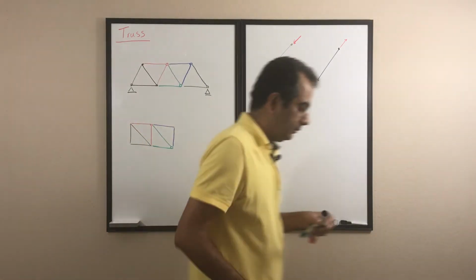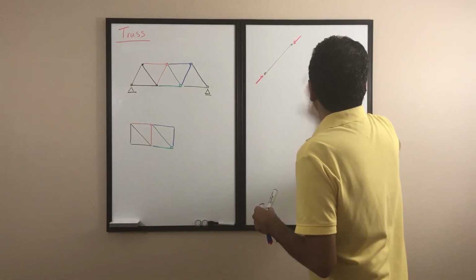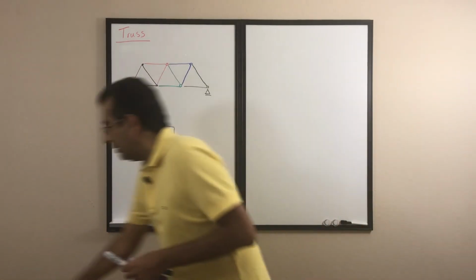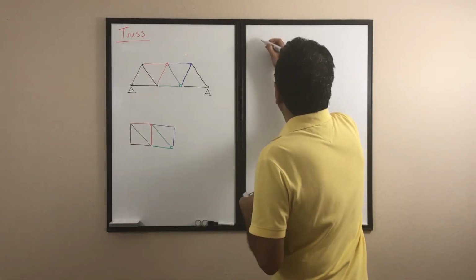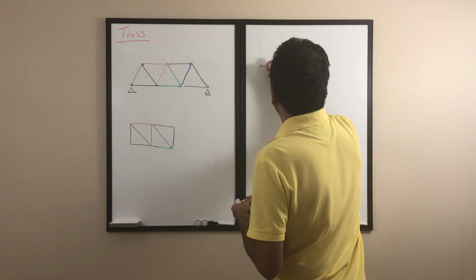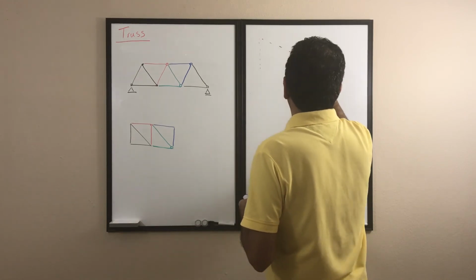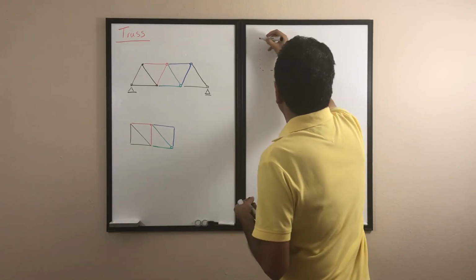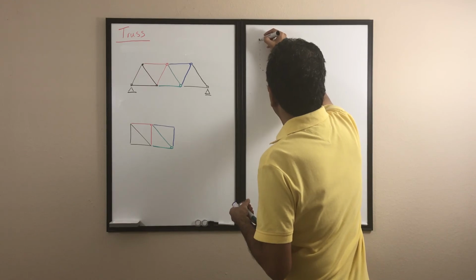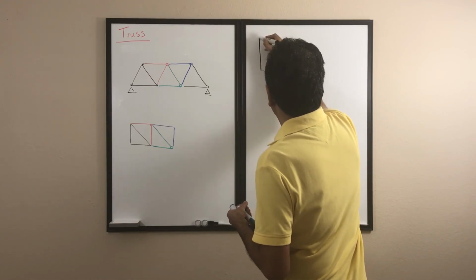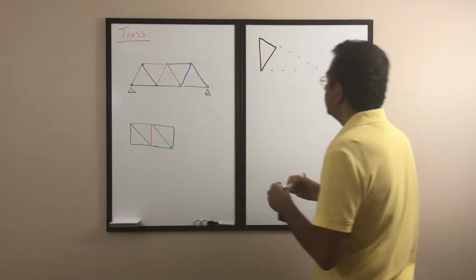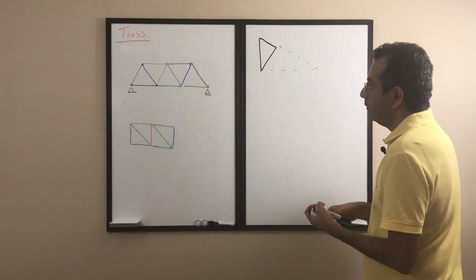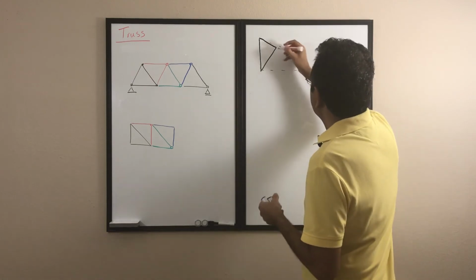Here is another form of that. Assume that's the final shape I want to have. Again, I start with the simple triangle, one triangle. Then I will add two elements to that.